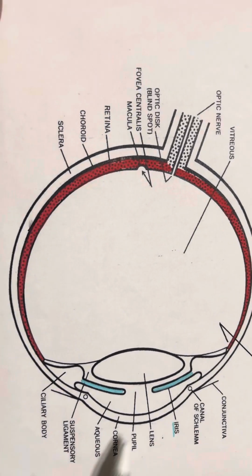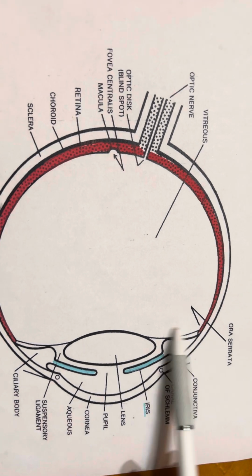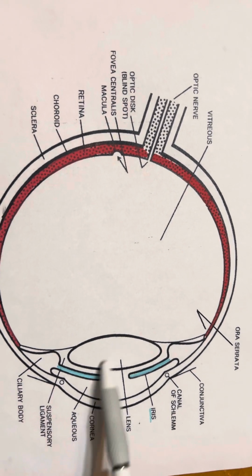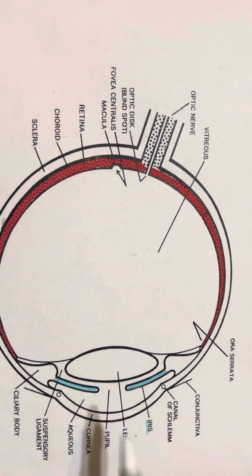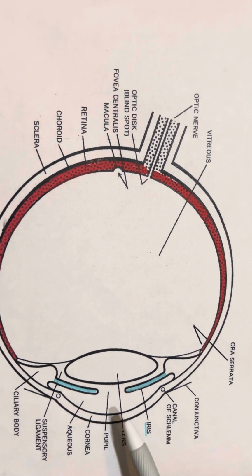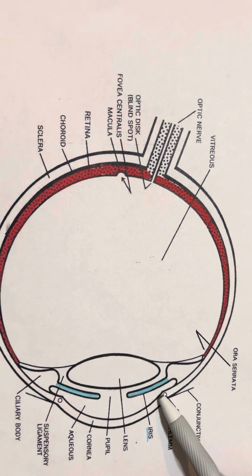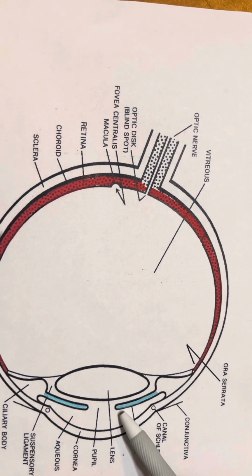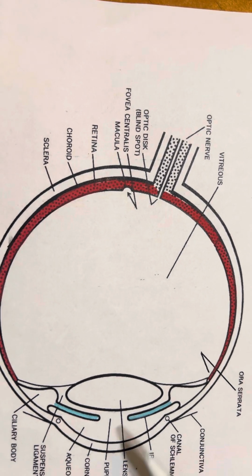All right, so this area right here is going to be aqueous humor. This is a water-like substance that fills our eye. This substance actually is drained through the canal of Schlemm and the trabecular meshwork.